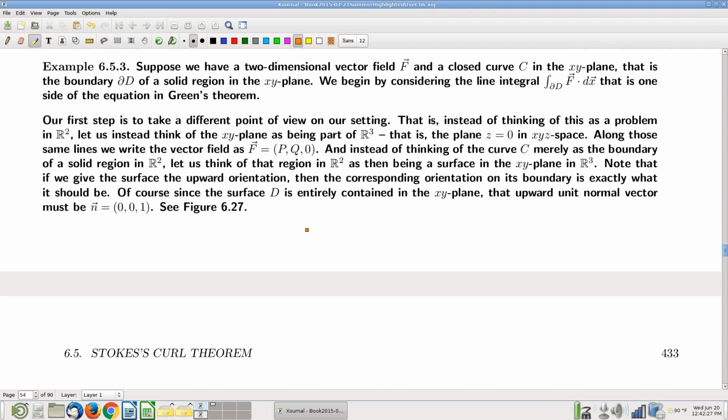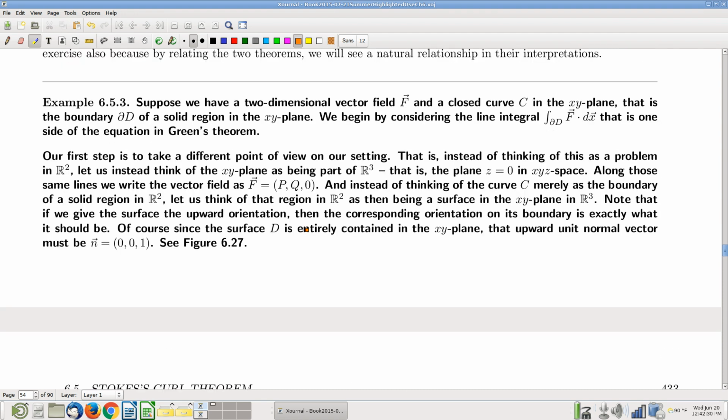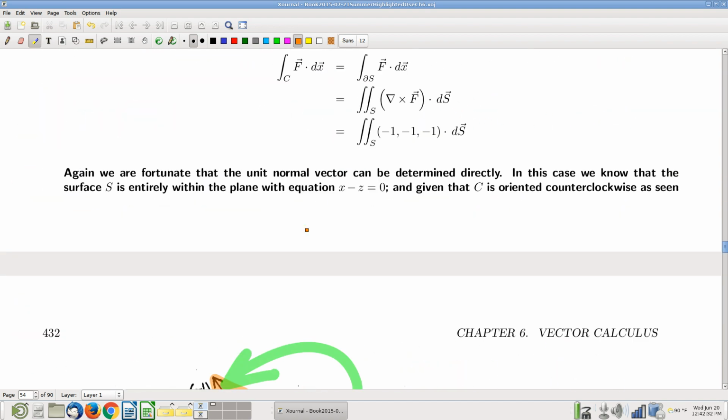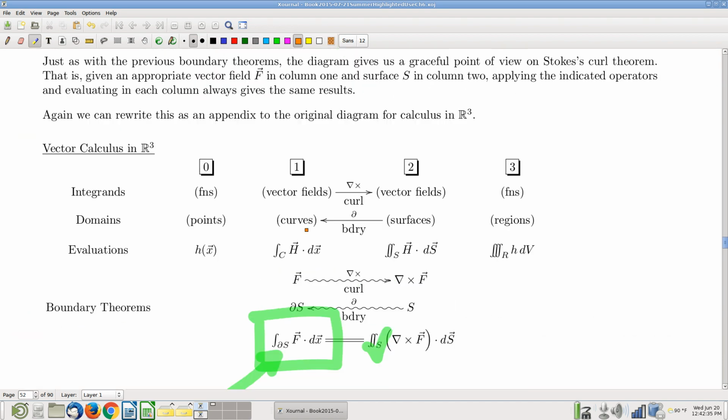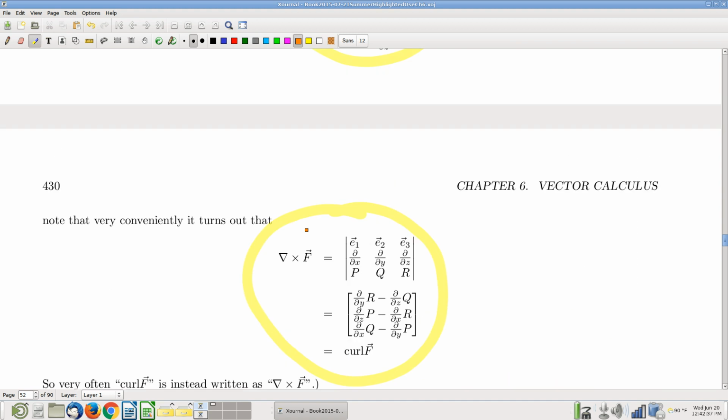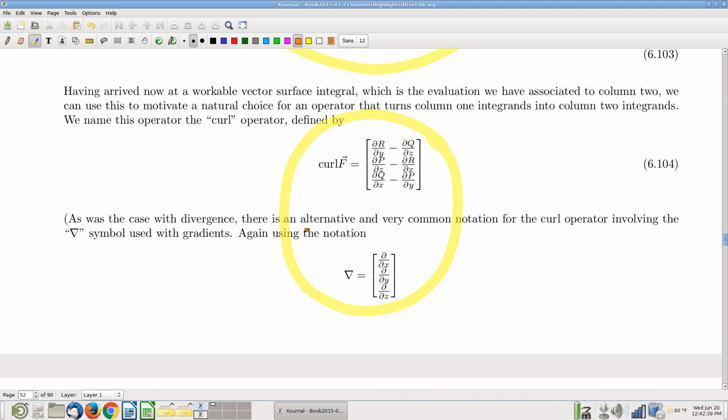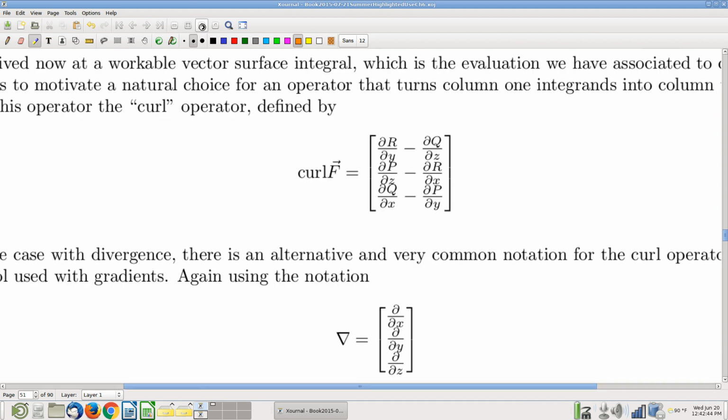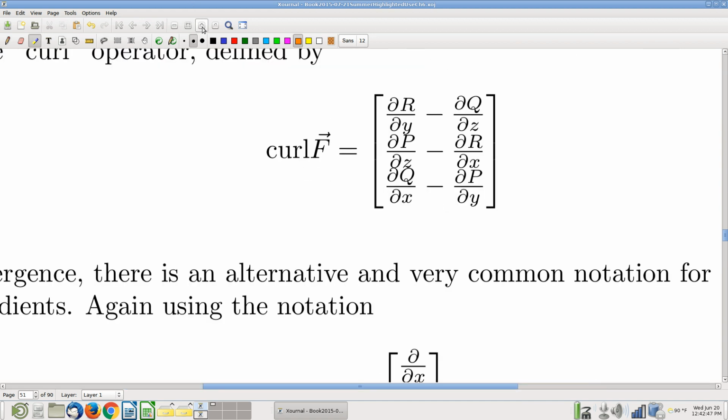Okay, there's another example here I'm going to let y'all read. The purpose of this example is to acknowledge, if you look at this formula for curl, let's see, I'll go ahead and zoom in on this because I can. Look at this formula for curl. And you look at the third coordinate, and the third coordinate of the curl operator looks exactly like Green's operator. Coincidence?